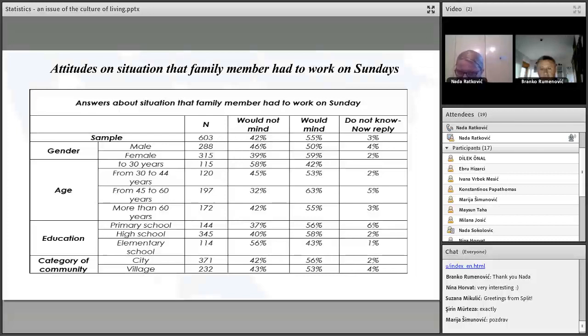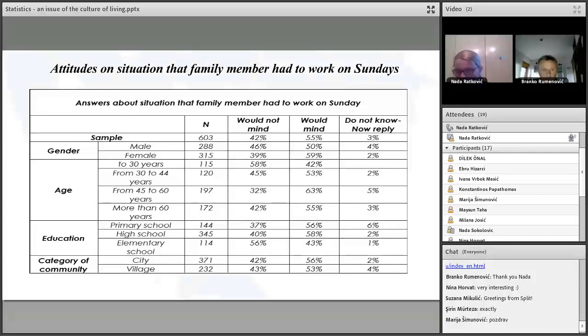So we see that maybe here people with elementary school education would not mind. They gave 56%, their answers are 56% of respondents of the 603 sample people who were asked this. Village and city are almost equal.